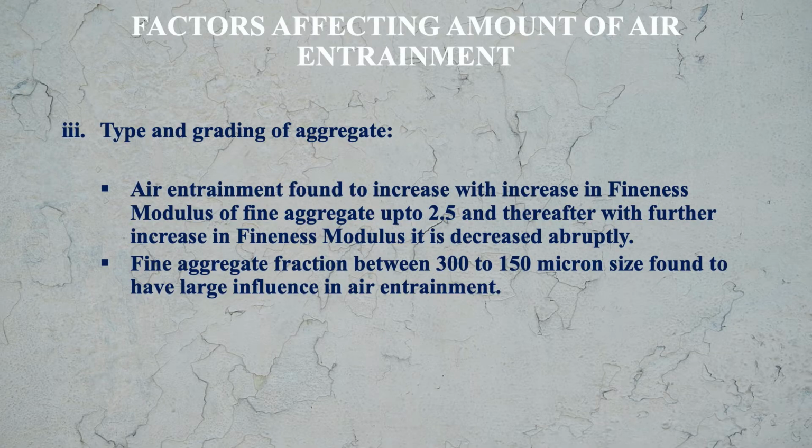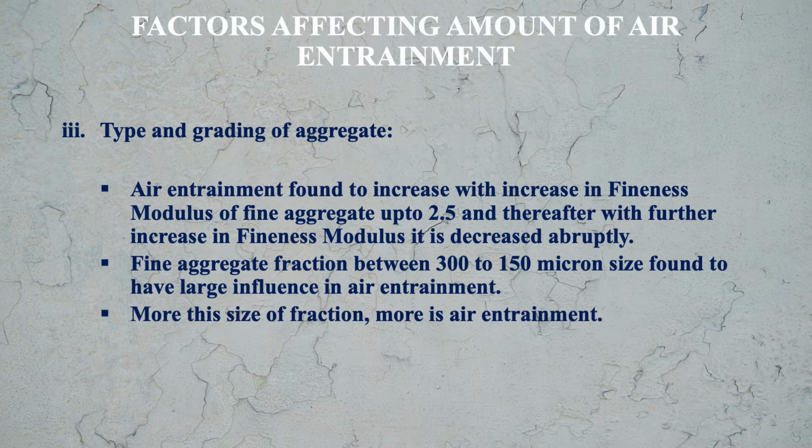So here we have to be very careful about the fineness modulus of the fine aggregate, because only up to a certain limit of fineness modulus is the air entrainment increasing, and beyond that limit it is decreasing abruptly. Then fine aggregate fraction between 300 to 150 micron size is found to have a large influence on air entrainment.